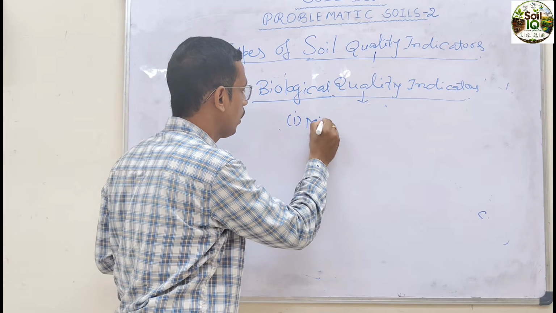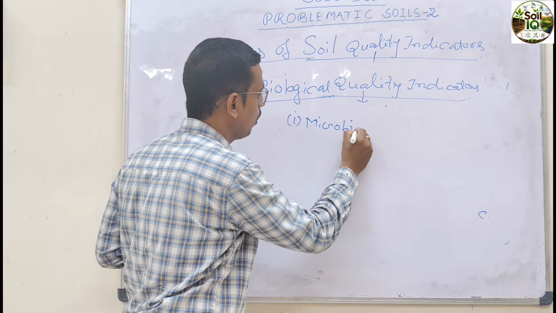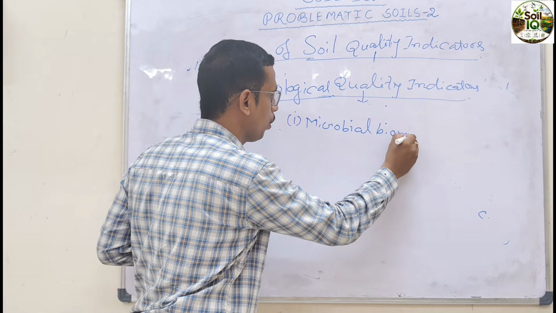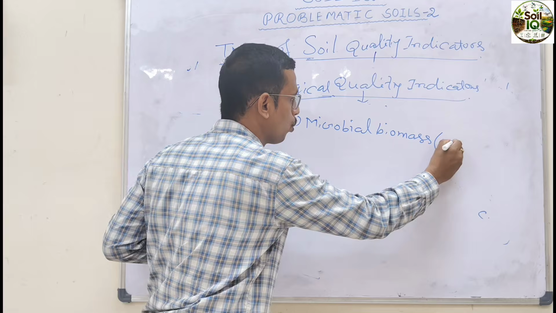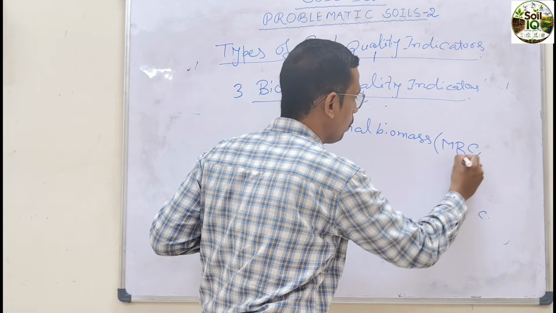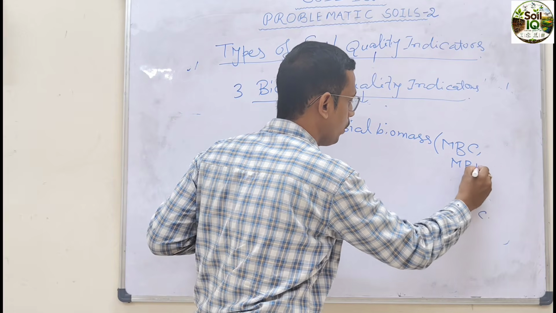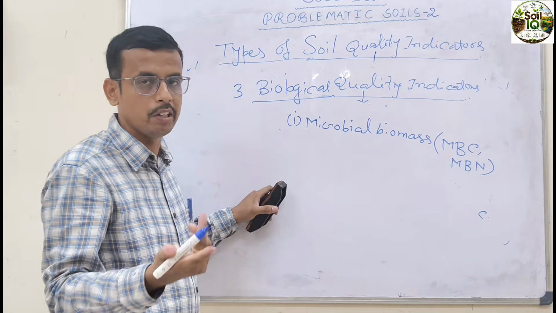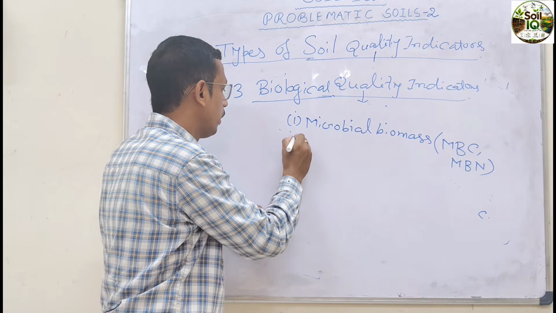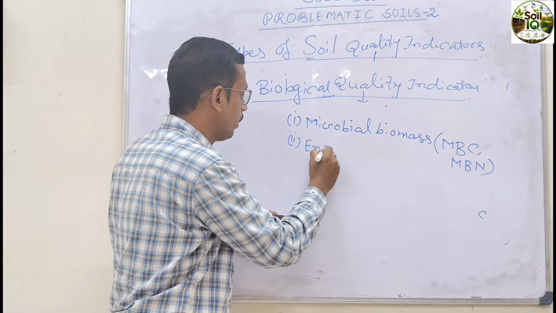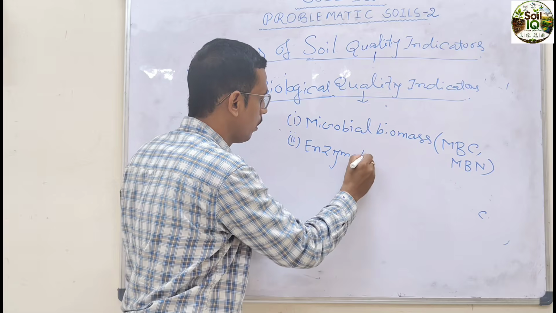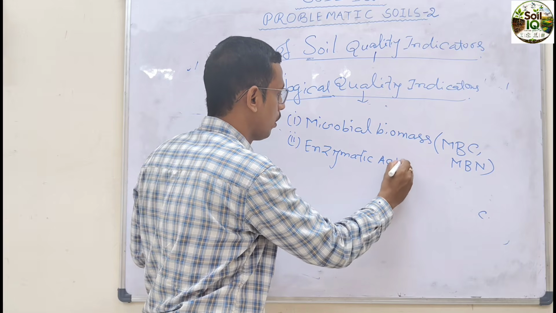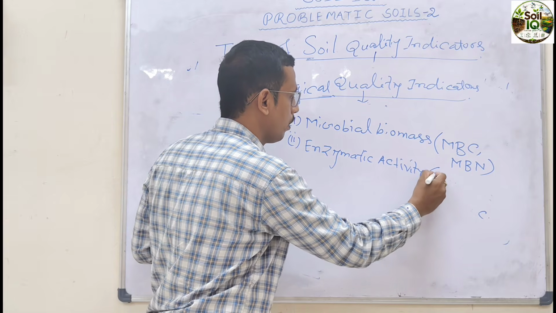Like microbial biomass. This is the most important property. We can measure it through MBC, microbial biomass carbon. Microbial biomass nitrogen, we can measure it. Microbial population. Then coming to enzymatic activities like DHA.